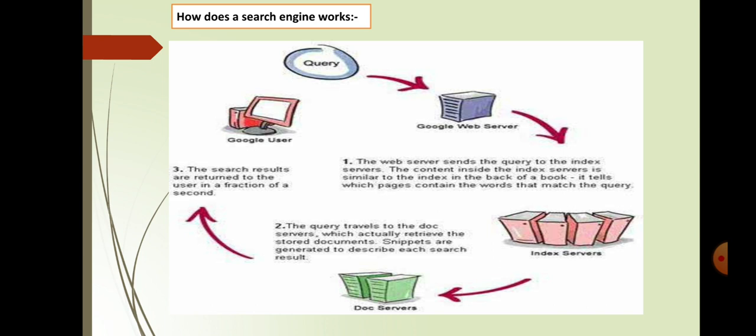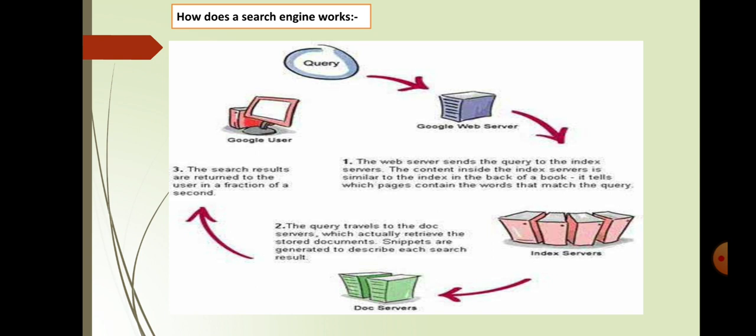Next, we need to understand how a search engine works. As given in your book, inside chapter number 2, this figure is given on page number 39, working of a simple Google search. Dear student, here I want to tell you how a Google search engine works.